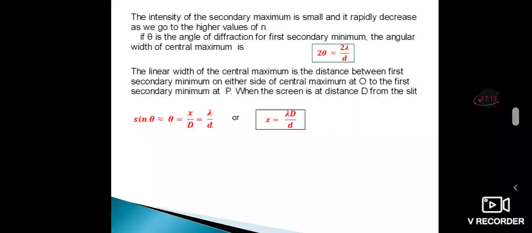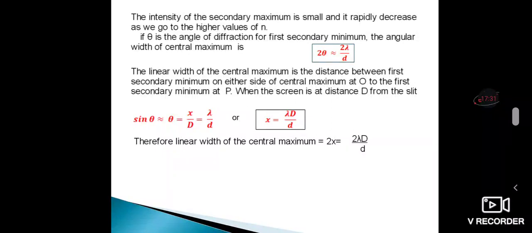Generally we can write x is equal to lambda D by d. So the first width we have got is x equal to lambda D by d. But the linear width of the central maximum is for only half of the portion.